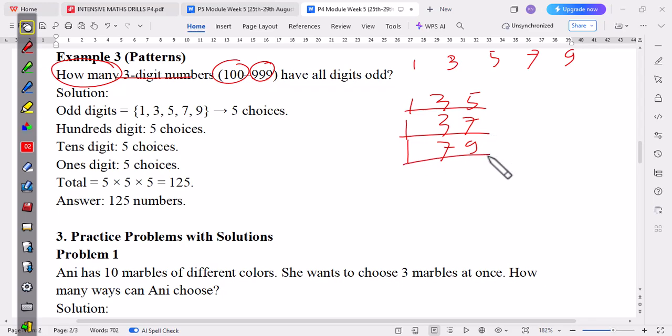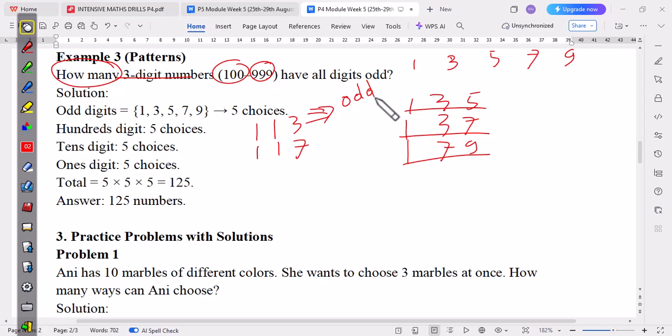Remember, this kind of question allows us to use the same number twice, just like 113, 117, since all these digits are odd. That's why we need to make the patterns of how to find the answer to this question.